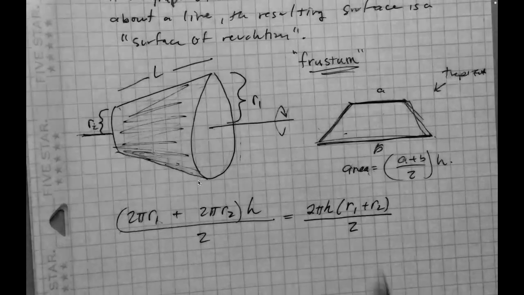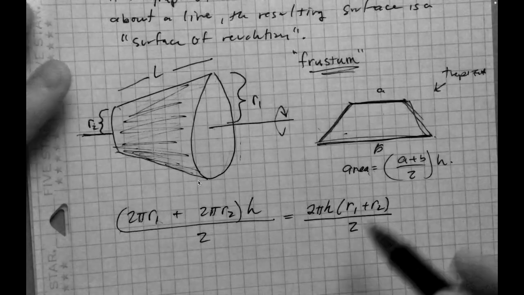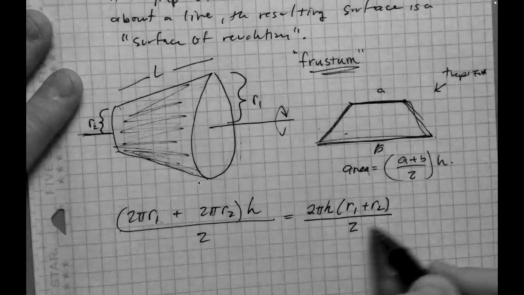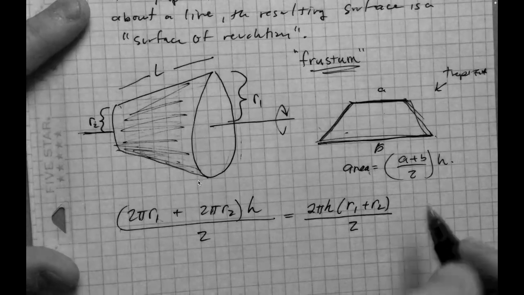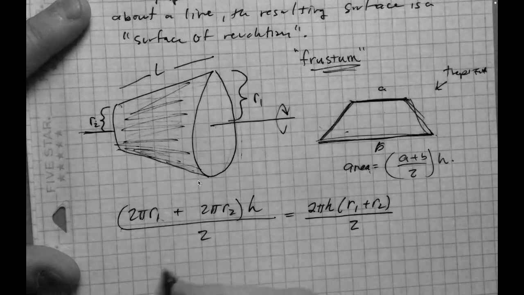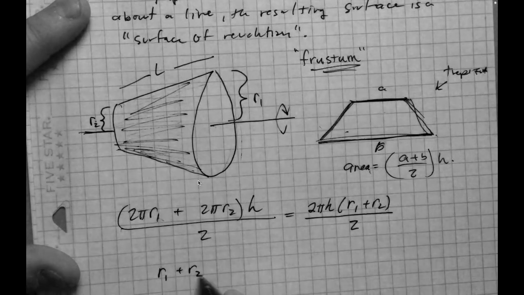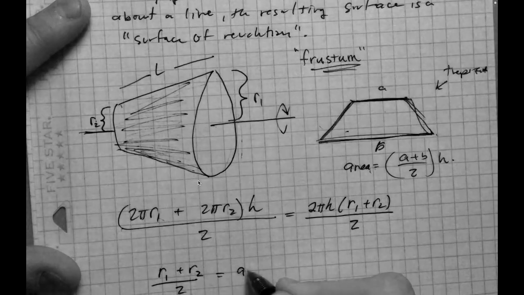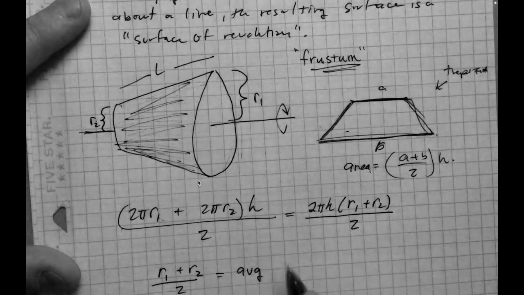You may be saying, why are you not canceling those 2's? Well, instead of canceling the 2's, I want to think about R1 plus R2 over 2. R1 plus R2 divided by 2 is the average radius.